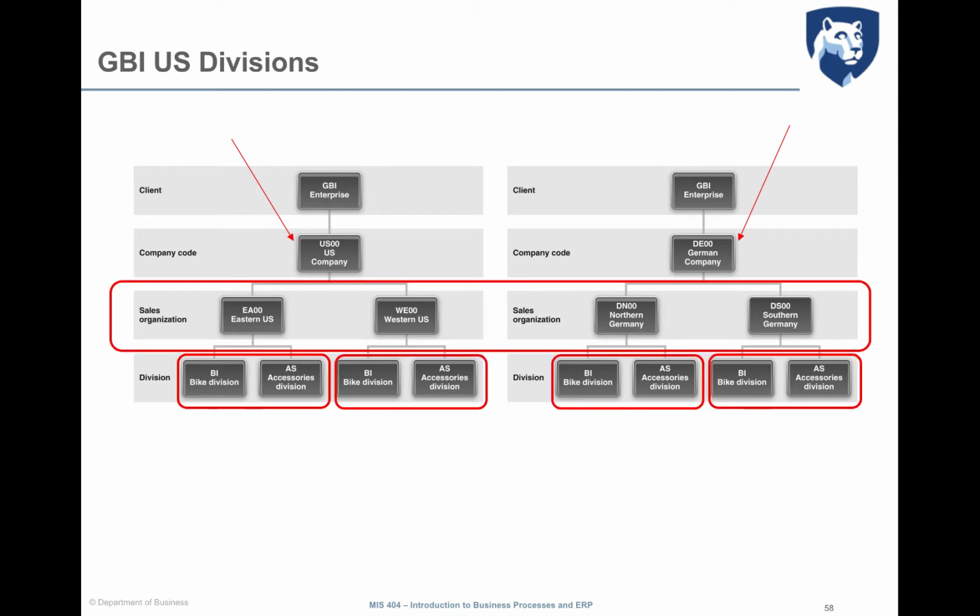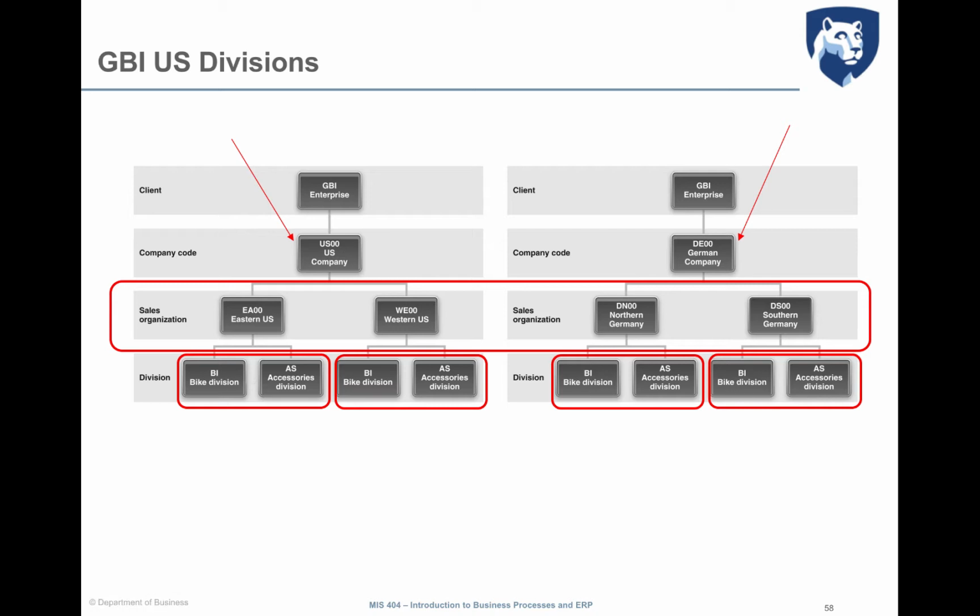But then within each area, so in Germany and in US, GBI has 2 types of business units. One for bike products, and the other one for accessory products. So this is mirrored in their sales organization. If you see here, a level is missing. So under the company code US, you have the sales organization, and people in the sales organization as the 2 divisions of GBI are bike and accessory.